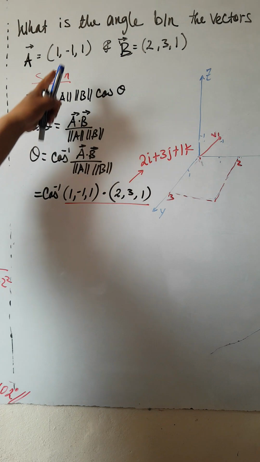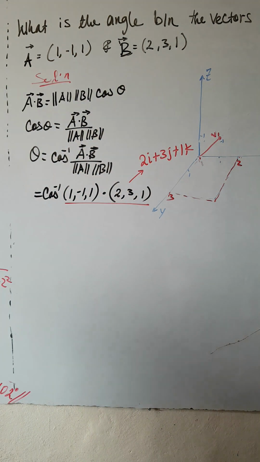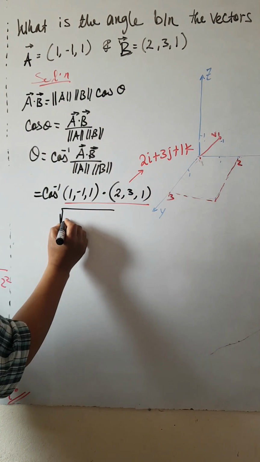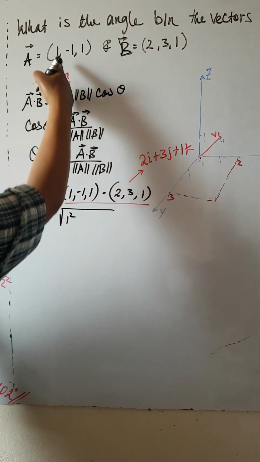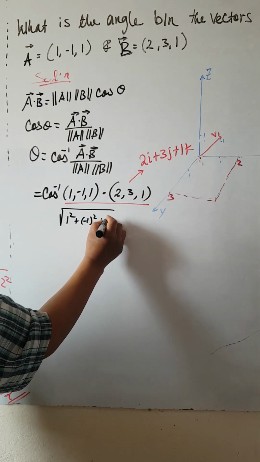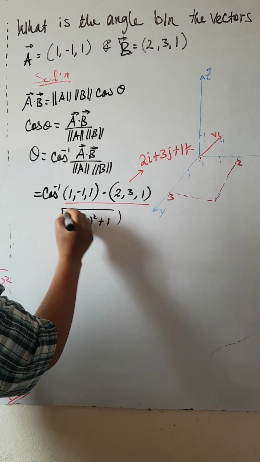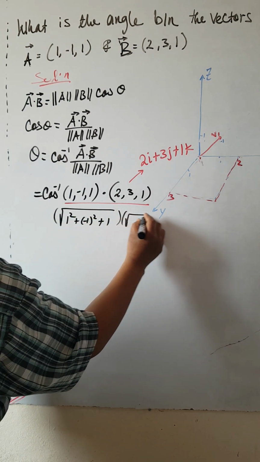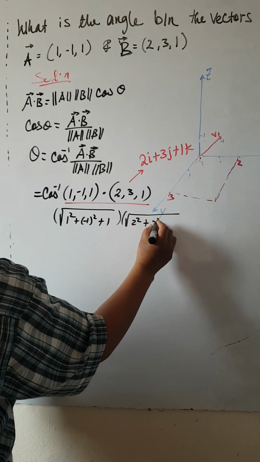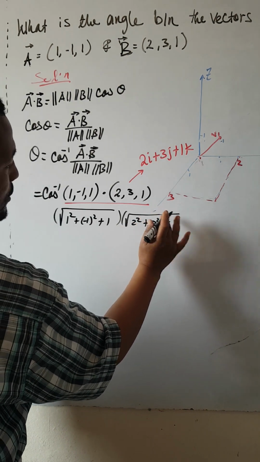The norm is the square root of the sum of the squares of each number in the vector. So this is equal to the square root of 1 squared for a plus negative 1 squared plus 1, times again the square root of 2 squared plus 3 squared plus 1.